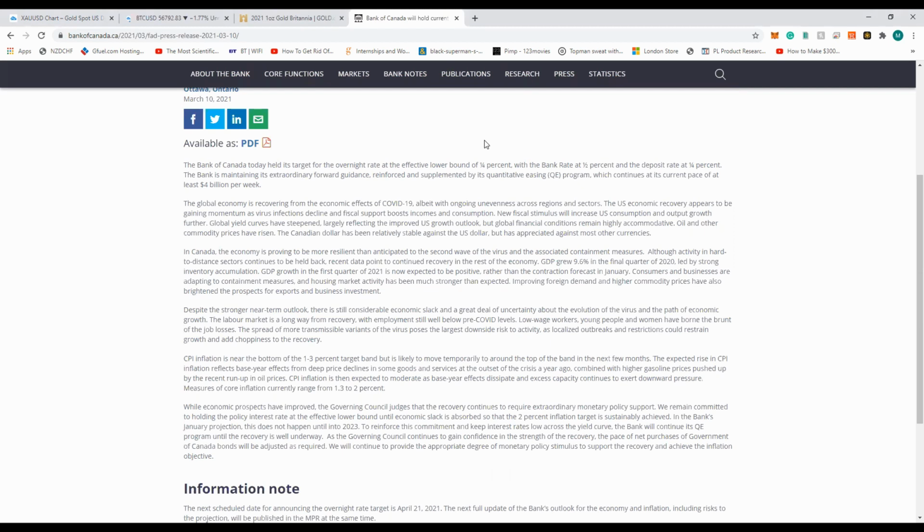Now the bank is maintaining its extraordinary forward guidance, reinforced and supplemented by its quantitative easing program. So in other words, what this is saying is that the Bank of Canada, to keep supporting the economy, is printing more money from the printing machine. That's all it really means in layman's terms.